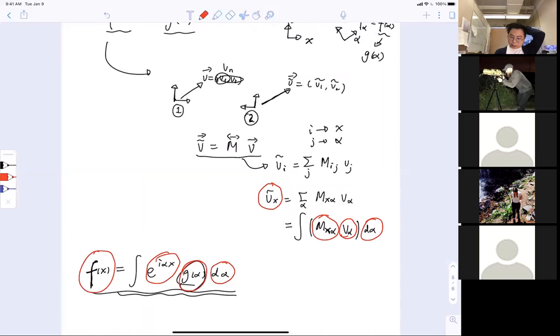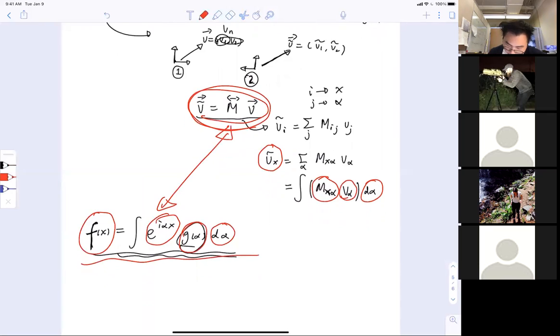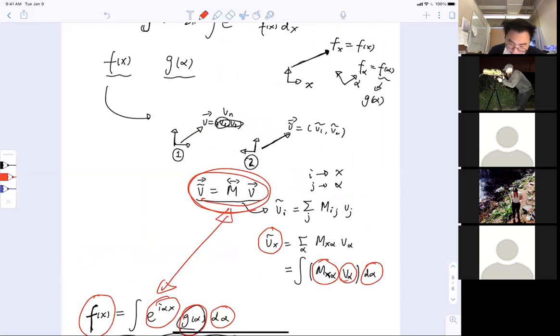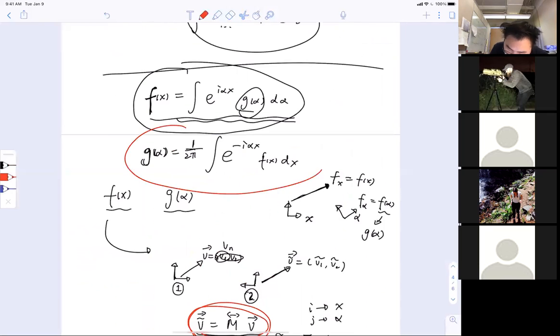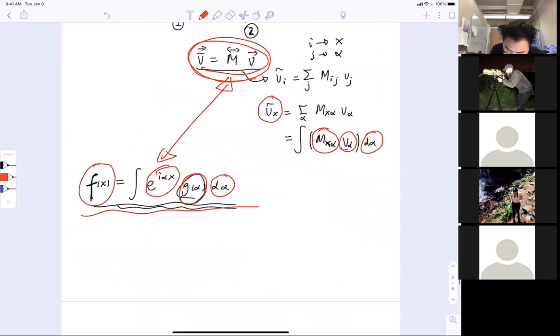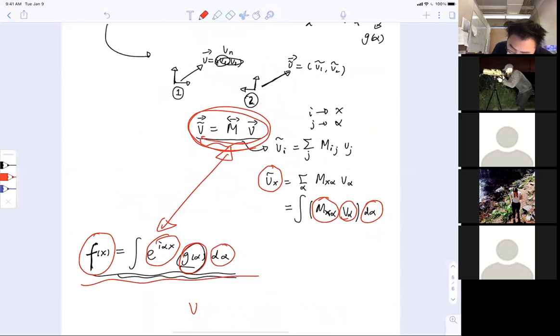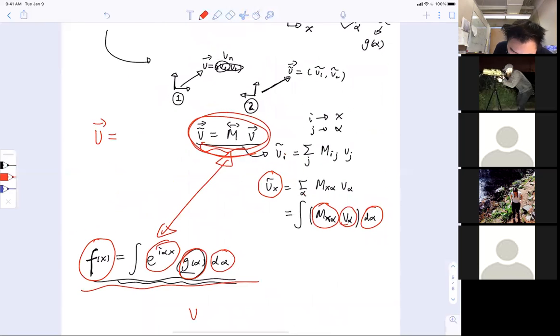So this kind of rotational transformation has an analogy with our Fourier transformation. And this inverse Fourier transformation is nothing but, from this, we know that the V vector equals this matrix inverse.